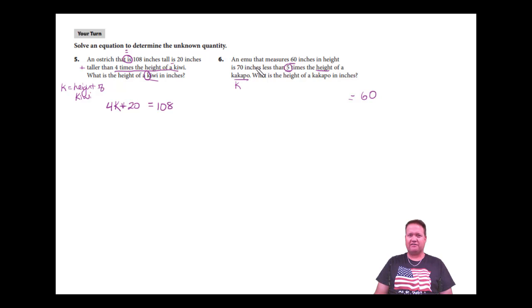So 70 inches less than 5 times, that means 5 times, but then 70 inches less than that. So we'll take away a 70. So 5 times the height of a cockapoo, but 70 inches less, that'll be the same as that 60-inch tall emu. That's how you set up those two equations.